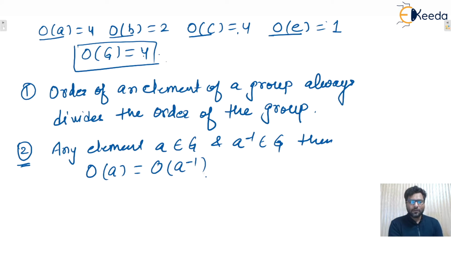Similarly, in the last example we just took, the inverse of B is B only. So the order of B will be 2 only, and the inverse of the identity element is also the identity element, isn't it? So that is the second property. I hope this one is clear to everyone. Okay, so write down the next one.